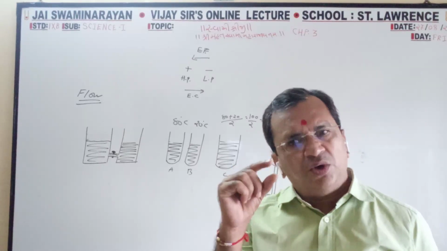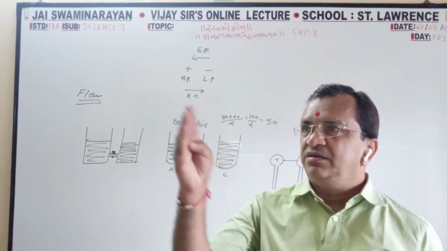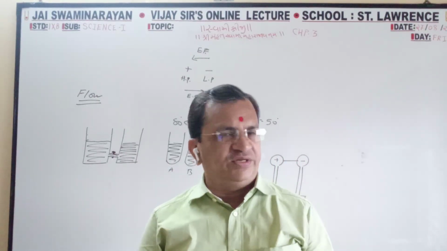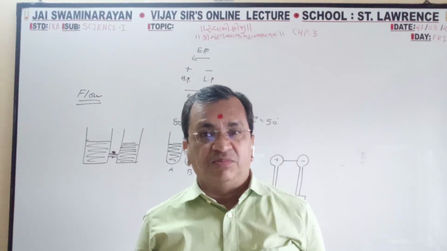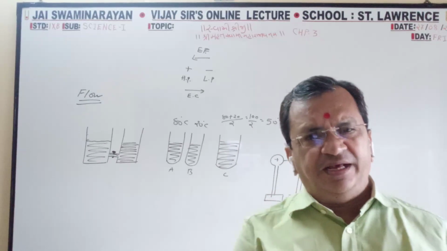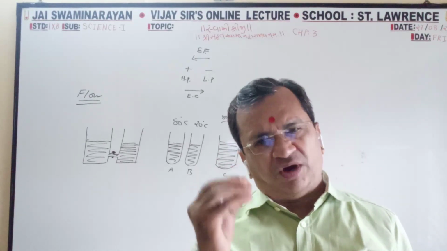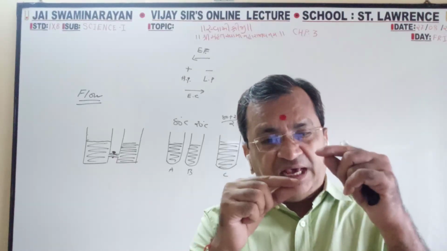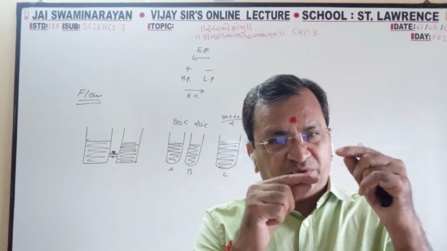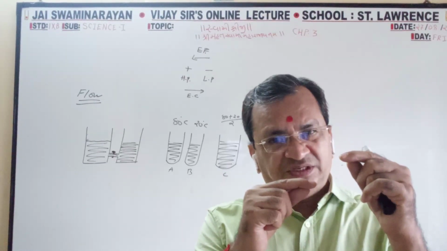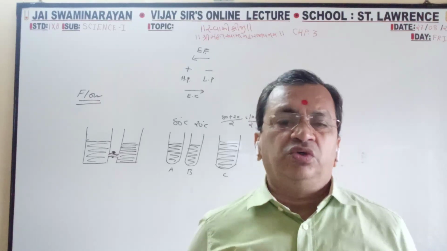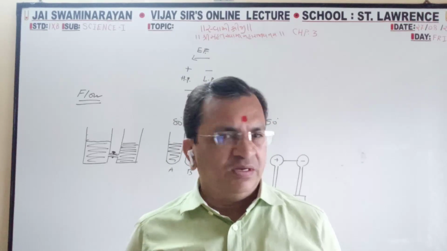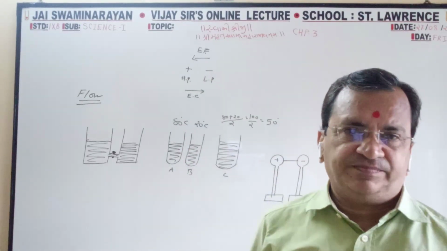When there is a low difference, as in a wall clock, wristwatch or remote control, we need 2 to 3 volts. At that time the potential difference is very small, so it will flow slowly and less current will pass.